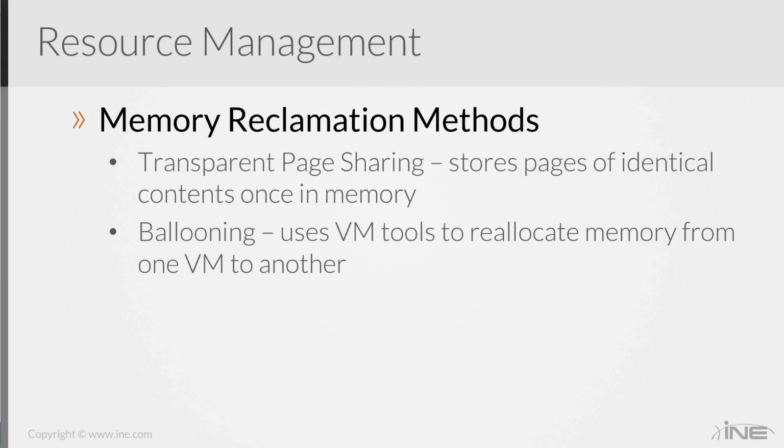How this works is the balloon would inflate to capture idle or unused memory from the VM, and it would pass it over to the VMkernel to be allocated to other virtual machines. The VMkernel can also allocate that memory back to this particular VM should the need arise, and it does this by deflating the balloon for that VM.